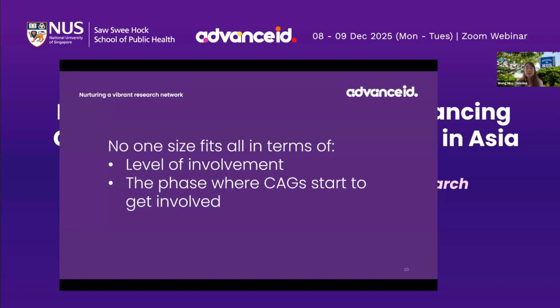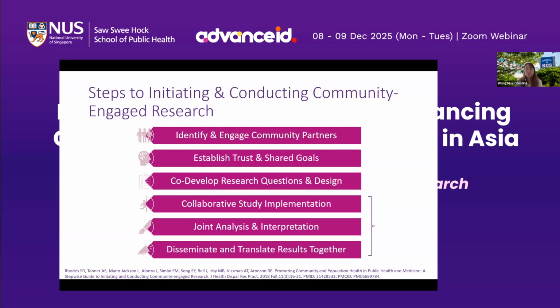Which phase of the study should the CAG start to get involved? Here, I'd like to share with you the different steps to initiating and conducting community engaged research. Like I was saying, there could be different phases of the research where the community can start to get involved. So I'm going to just show you here in this study what they did.